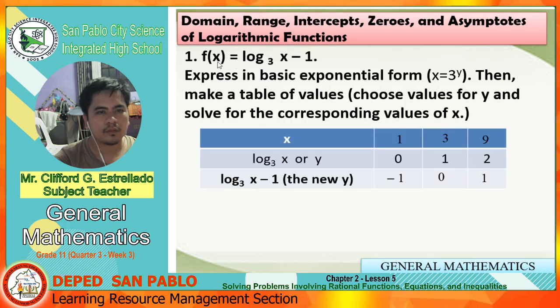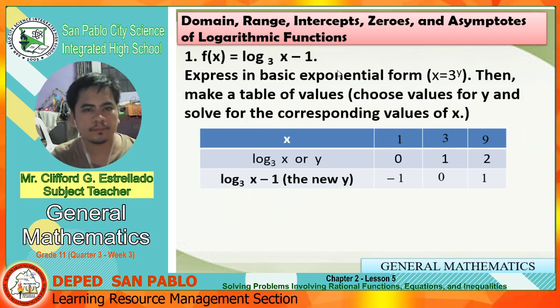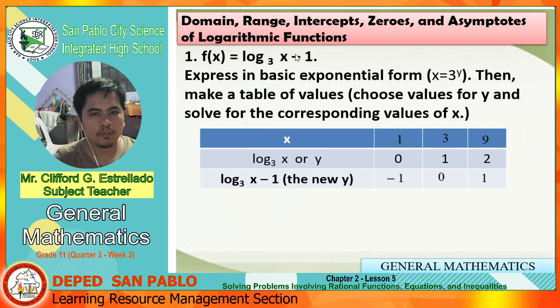Okay, so number 1, f of x is equal to the logarithm of x minus 1. Logarithm of x lang to, logarithm of x with a base of 3. Then, saka pa lang yung minus 1. Okay? So, ang negative 1 natin dito is d.